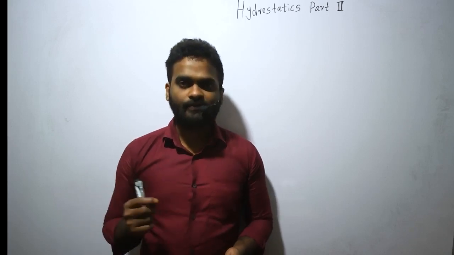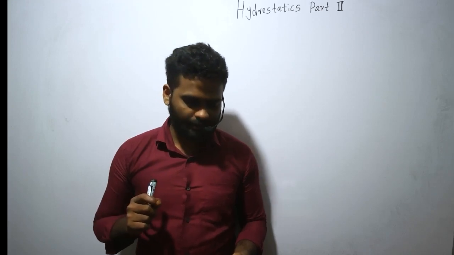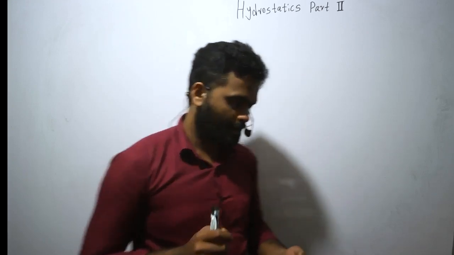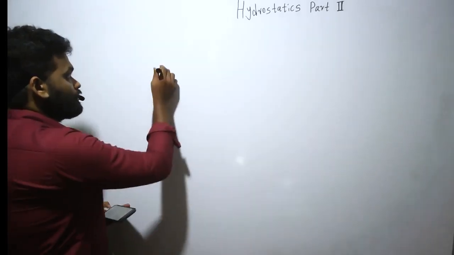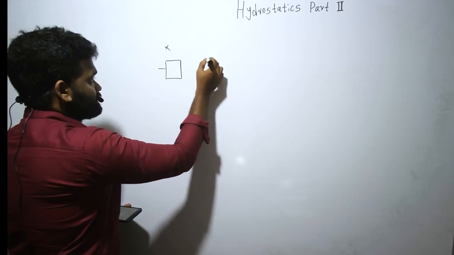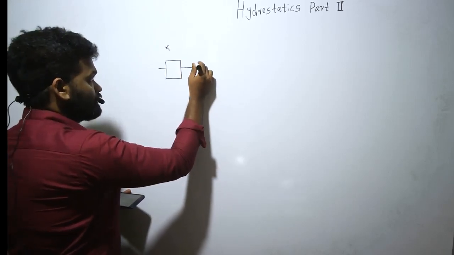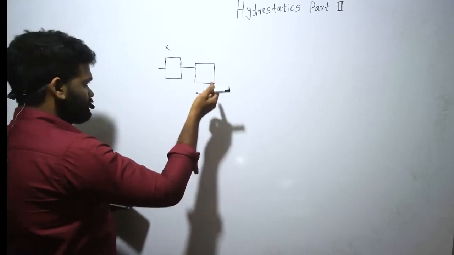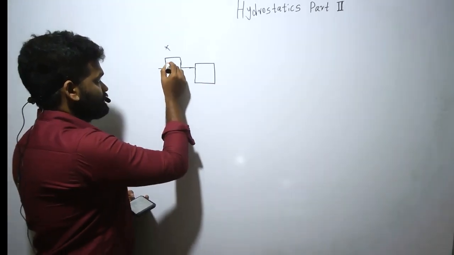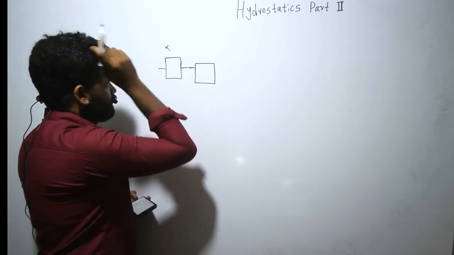Right. Fifth question. Two objects, x and y, float in water. Okay, now we have two objects, right? One is x, another one is y. They don't say that the volumes are equal. So all they say is, let's say, total volume of the object, here I will take it as V1.